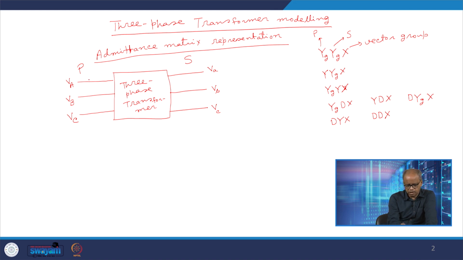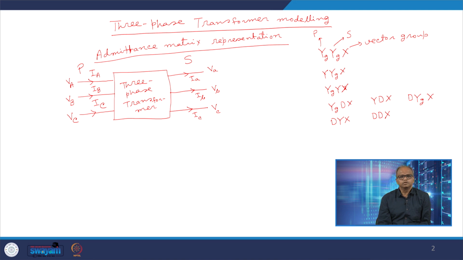And then we have currents: primary line currents IA, IB, IC, and at the secondary side also I small a, I small b, I small c.